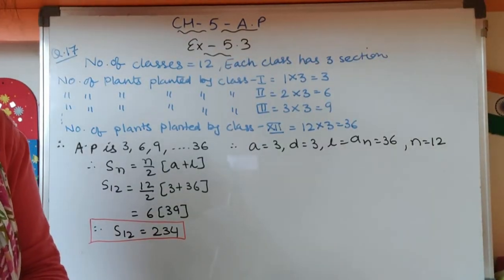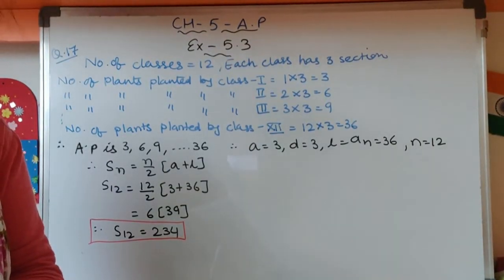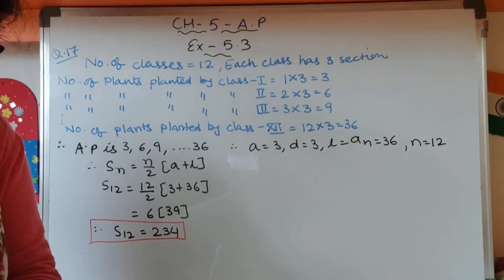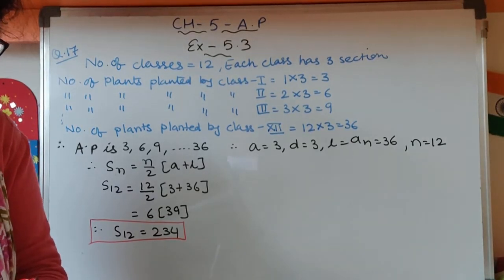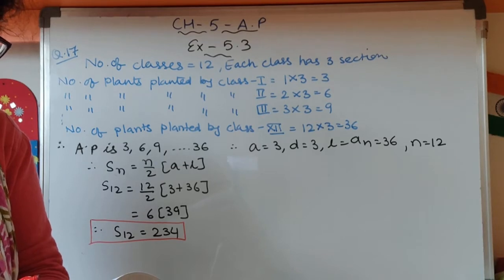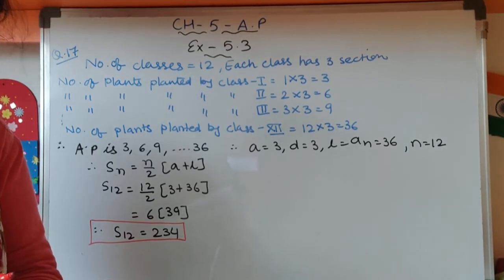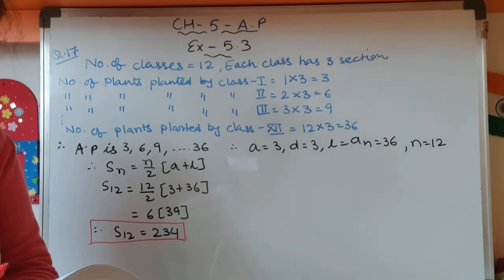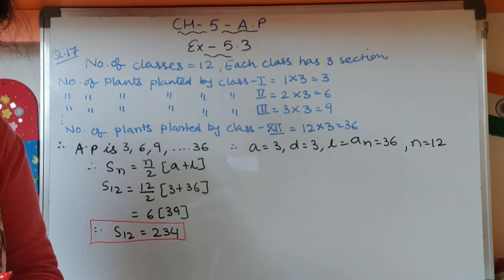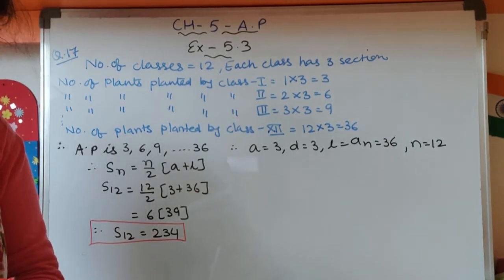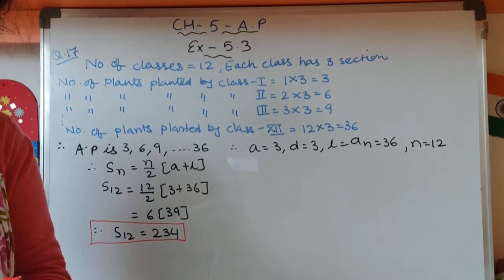Now let's do question number 17. In this it is given that in a school, students are planting trees in and around the school to reduce air pollution. It was decided that the number of trees that each section of each class will plant will be the same as the class in which they are studying.